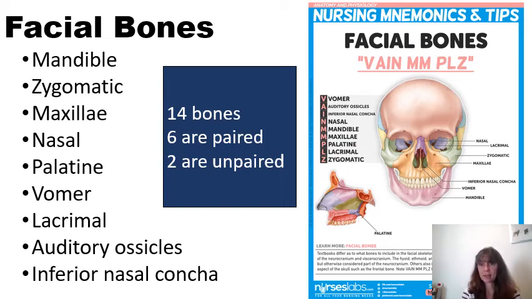It's vein MMPLZ, please. So it's up to you if you want to use that to learn which are the facial bones. It might be easier just to learn what the cranial bones are, and then you have fewer facial bones to remember if you know what the cranial bones are.